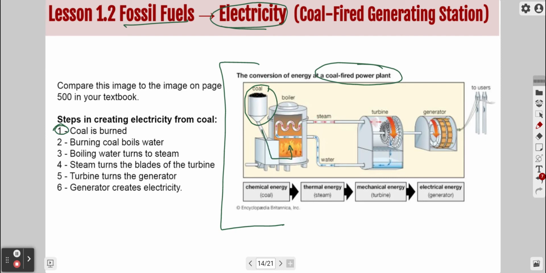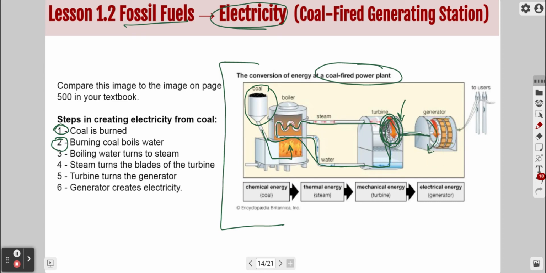It's burnt, and you can see cold water coming in to the burner, and that cold water is heated up and boiled. And when it boils, it goes into steam, and the steam is what's released, and that steam causes the turbine to turn. And then that water condenses, cools down, drops back, and is reused. But the important part is if you turn the turbine, it's connected to turning the generator.